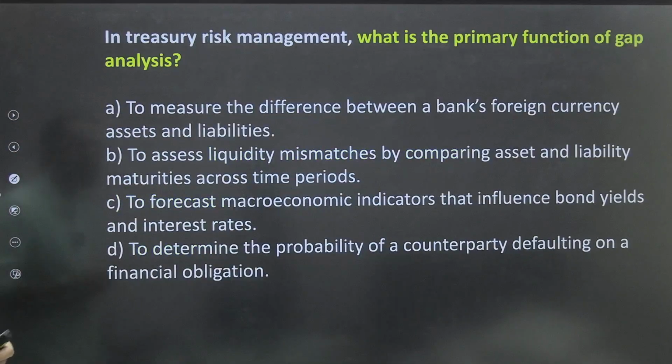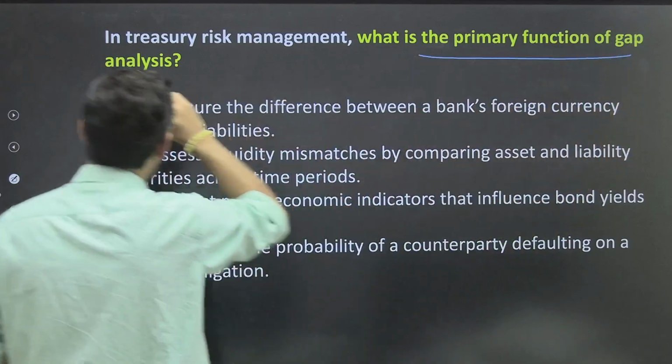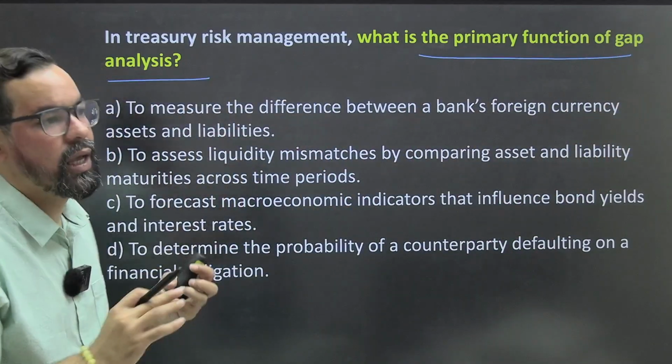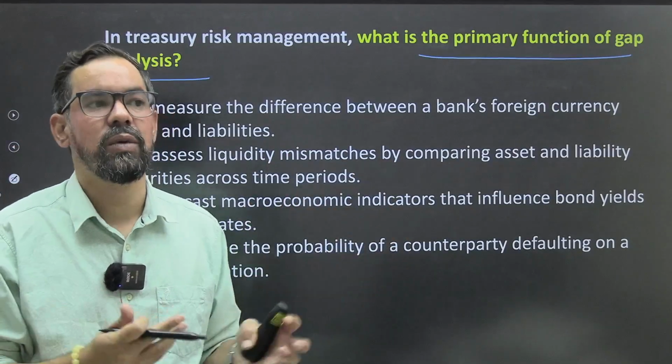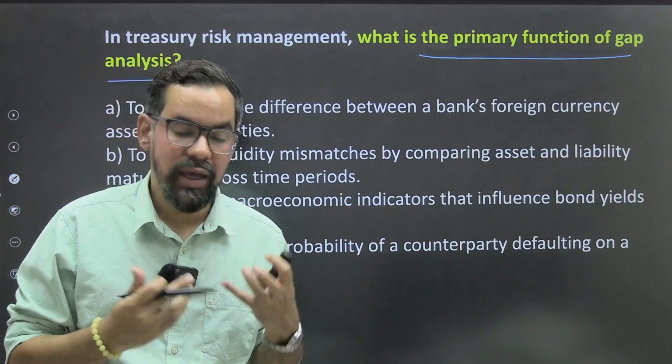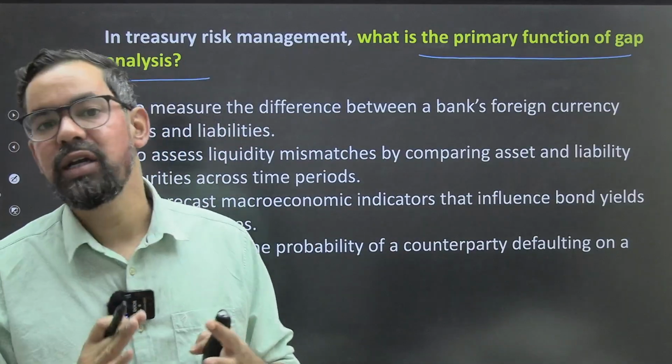Right. Next one. In treasury risk management, what is the primary function of gap analysis? A gap is like there is a gap between assets and liabilities. ALM, asset liability management, is a primary or core function of your treasury department itself.